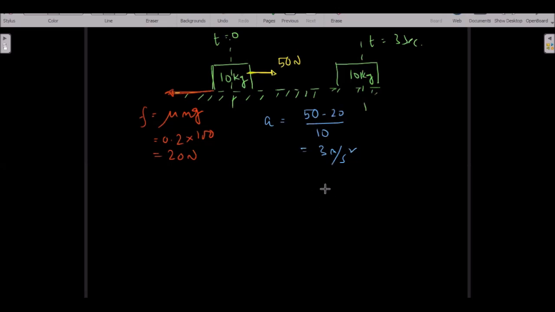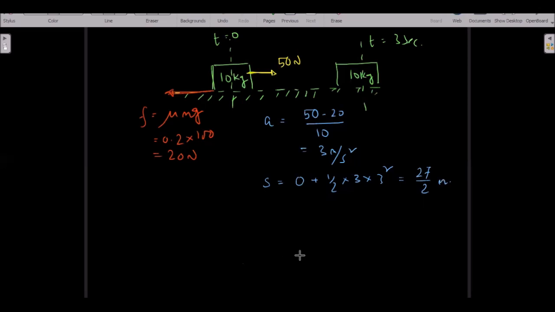Correct, no? So displacement will be equal to, if I apply ut plus half at square, u is 0, plus half a t square, half into 3 into 3 square, that is coming to be 27 by 2 meter.